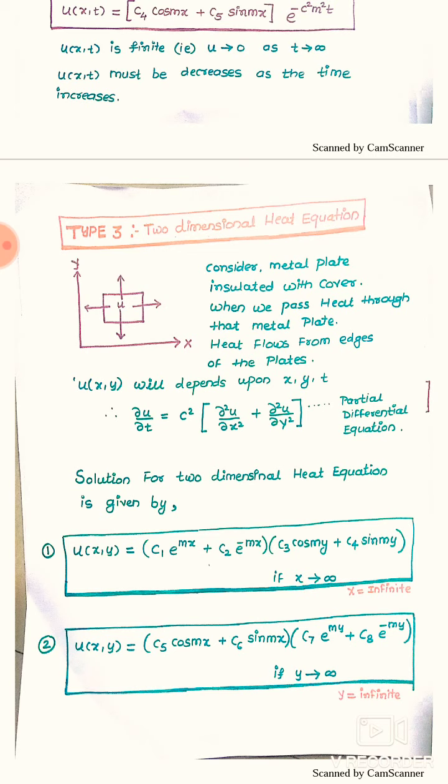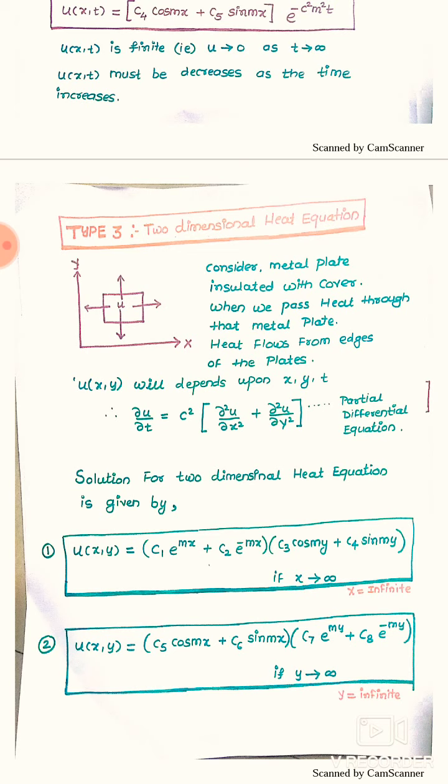This solution is used when x tends to infinity. That means your metal plate is infinite in length in the x direction. Second general solution: u(x,y) = (c5 cos mx + c6 sin mx)(c7 e^(my) + c8 e^(−my)).